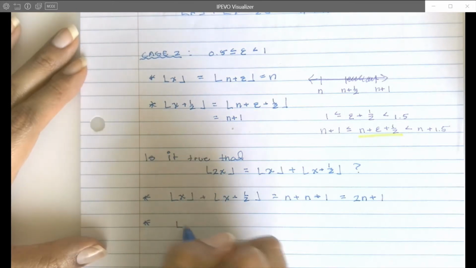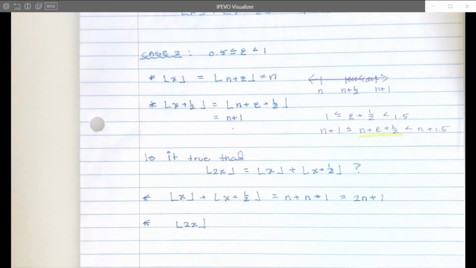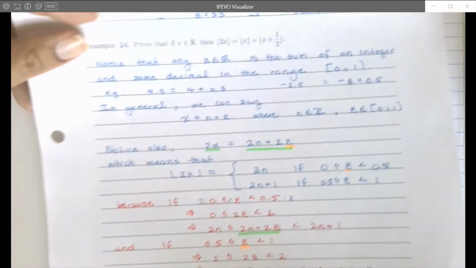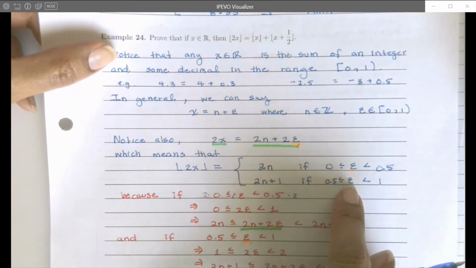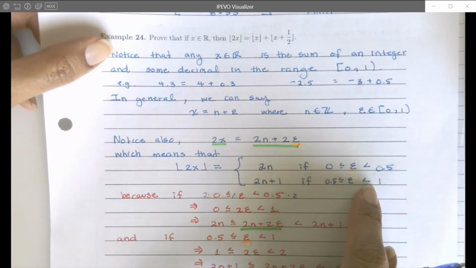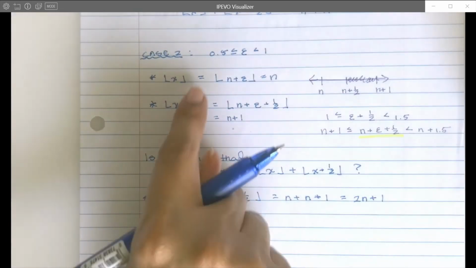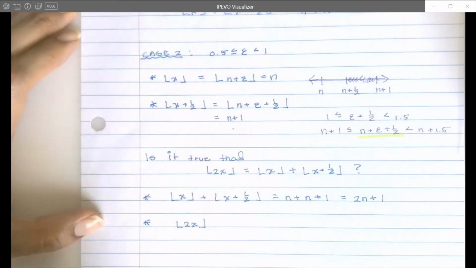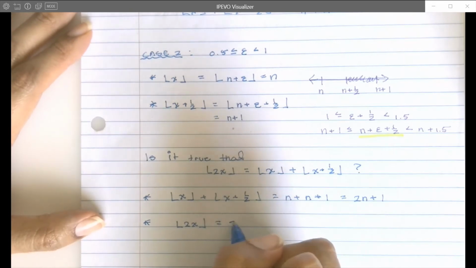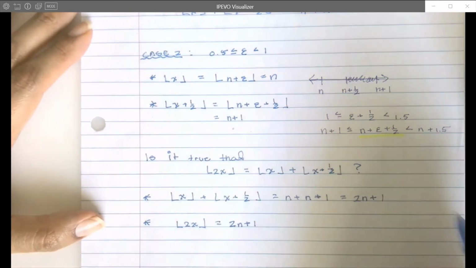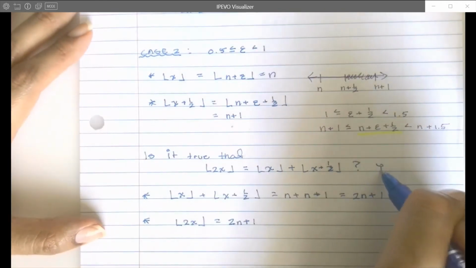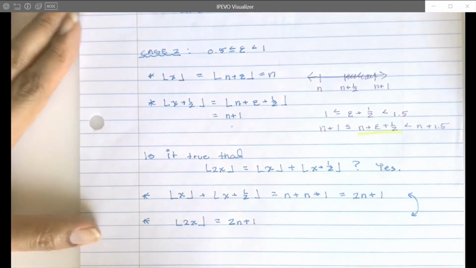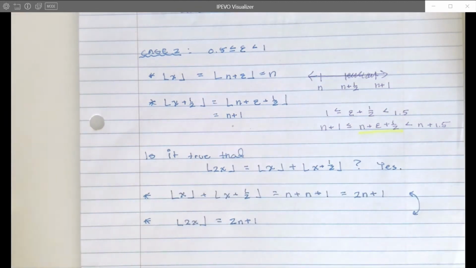And the floor of 2x, we found earlier, we said the floor of 2x will be 2n plus 1 if epsilon is between 1/2 and 1, which is the case that we're currently considering. So that means that this is a 2n plus 1. And so we see that both of these quantities agree, so the answer to this is yes. And now we've proved it.